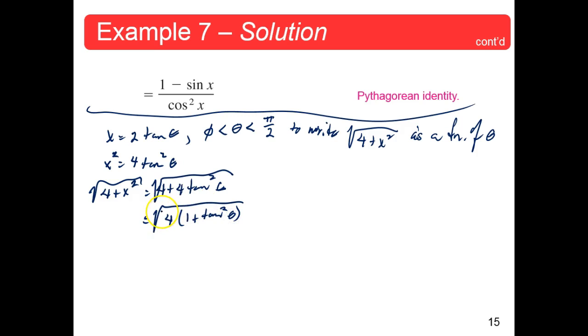Now, I know that 4 is a perfect square. What's it a perfect square of? 2. So that part we can pull out. That's going to be 2 times the square root of. But what is 1 plus tangent squared theta? It will be some type of identity. All right, good. That narrows it down quite a bit, doesn't it? Okay, what identity would that be?